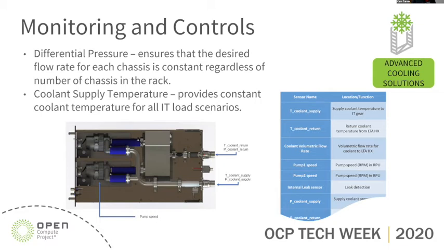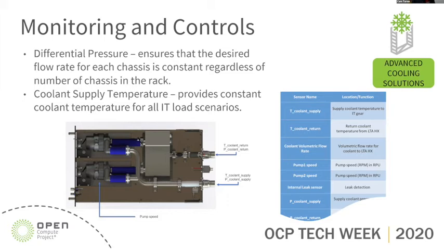So of course, in order to control this, you have to have all the instrumentation defined. So an instrument index has been defined in order to support them. Some of the sensors that are included are coolant supply and return temperature and pressure, flow meter, reservoir level sensors, of course leak detection, pump control and tachometer readings, as well as others.